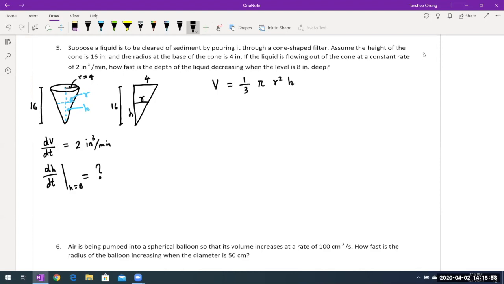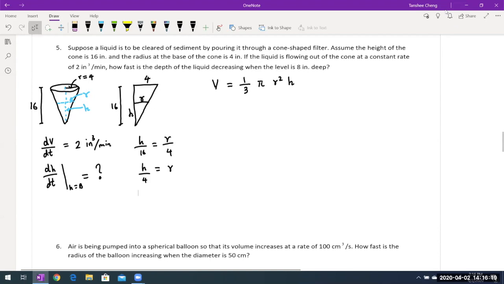So this is basically a similar triangle, and we can write down the ratio h over 16 is equal to r over 4. So therefore, I can multiply both sides by 4 to relate it: h over 4 is equal to r.